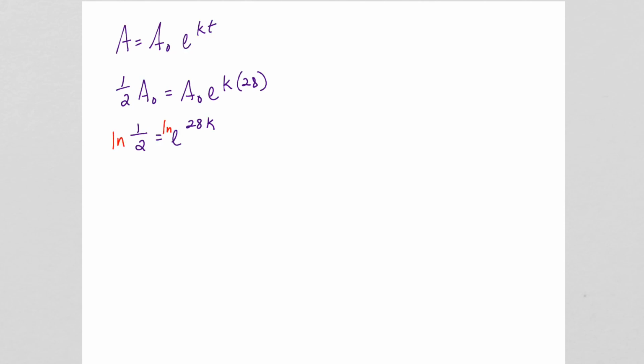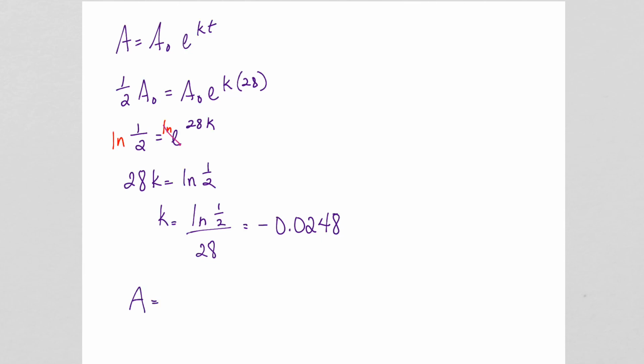To get rid of the e, we natural log both sides. So k is the natural log of 1/2 divided by 28, approximately negative 0.0248. So the function would be A equals whatever A naught is times e to the negative 0.0248 t.